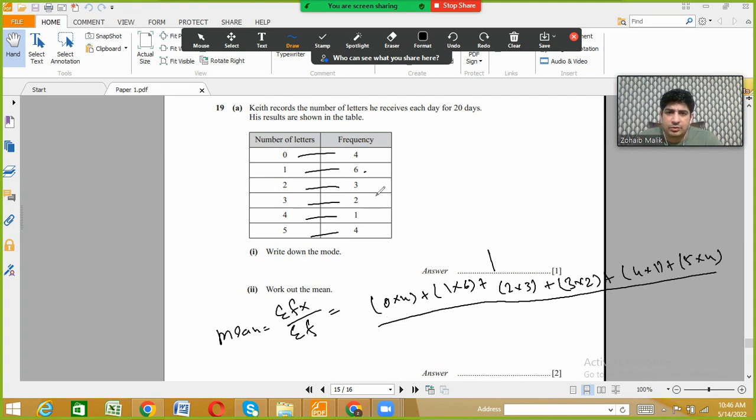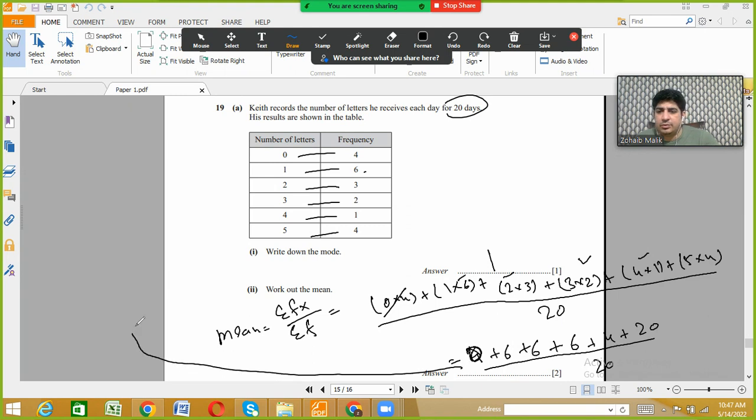So this is 20 because it is mentioned 20 days. 0 for the 0, 0 for the 0, and 6, 6, 6 plus 4 plus 20 divided by 20.